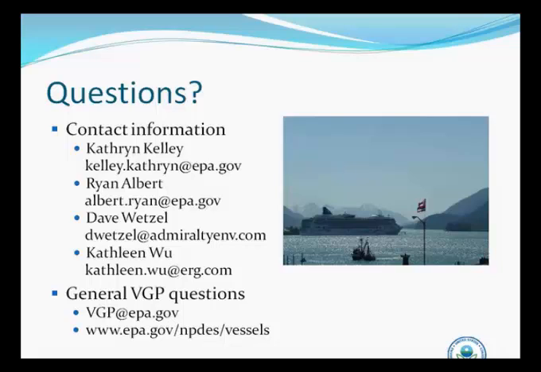I would have to go back and look at the specific context of that response, but my guess is we were thinking of monitoring such as your routine visual inspections, being sure that the maintenance of the equipment is being conducted appropriately. But your actual analytical monitoring, in the case of a cruise ship several times per year, you would need to submit those data to EPA on an annual basis. Hopefully that helps address that question. Please send a follow-up if you have one.